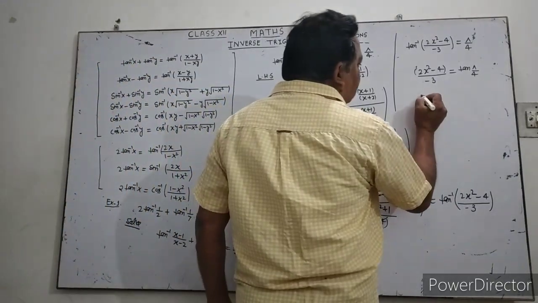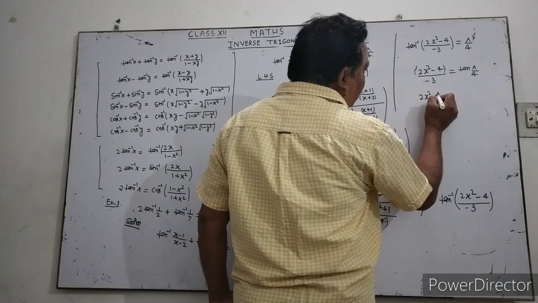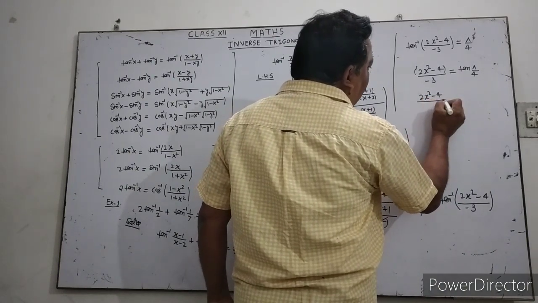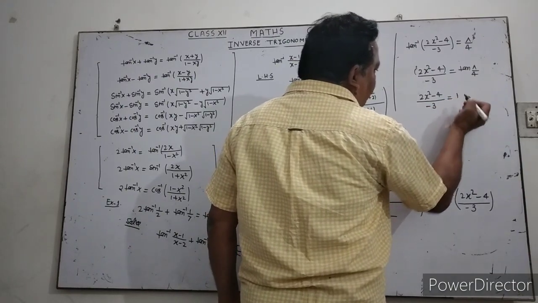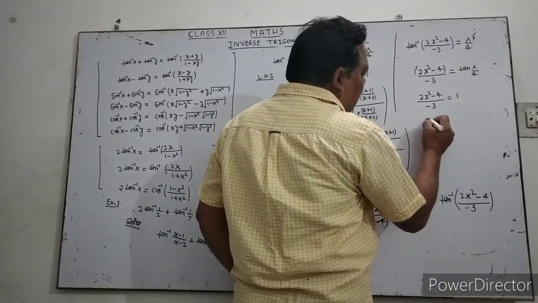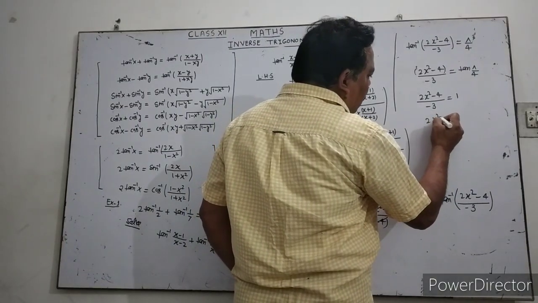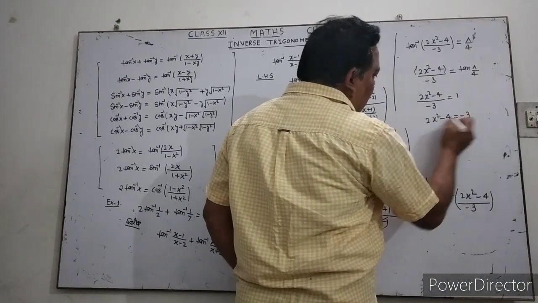It is 1. Then 2x square minus 4 upon minus 3 equals 1. Now multiply: 2x square minus 4 equals minus 3.